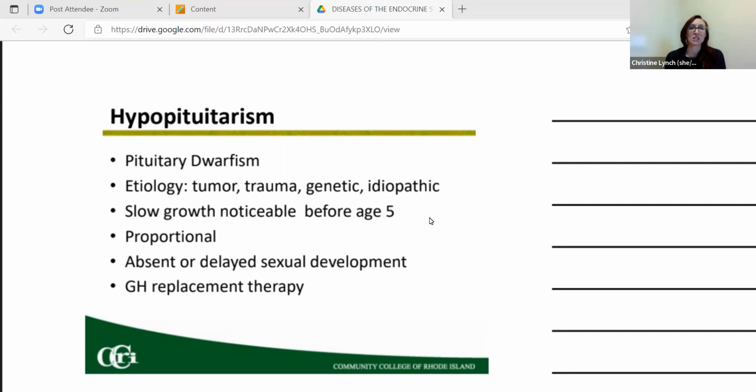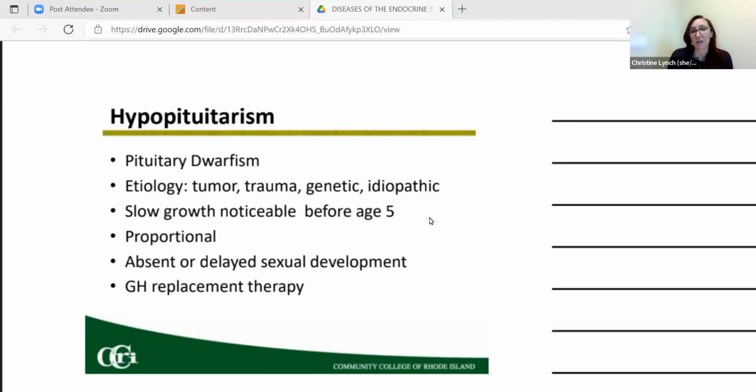One condition that can be caused by anterior pituitary hyposecretion is pituitary dwarfism, and there are several different types of dwarfism. In this type, there's slow growth, and it is noticeable before age 5. The body, the head, the arms, and the legs are all proportional.